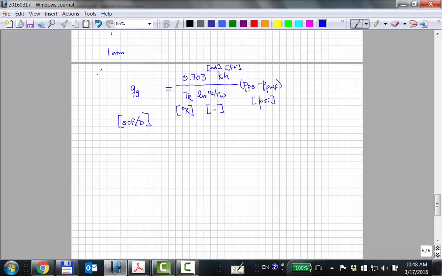So if you went through that mess that we did for the oil, it'd be a little different here because you've got the TSC and the PSC. You'll end up with this number if you go through that same mess.